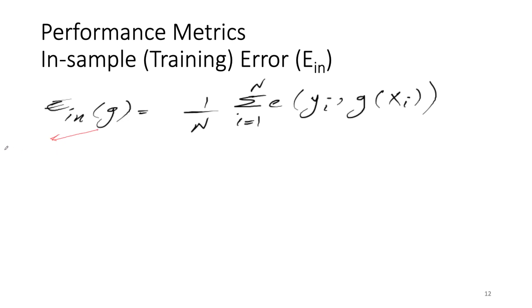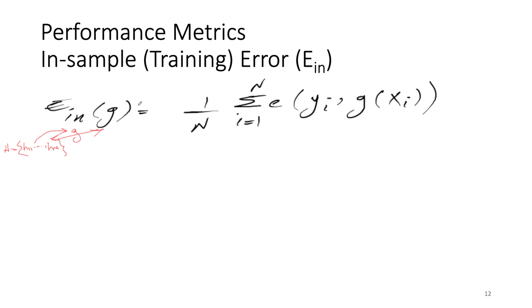This used to be from the set of H, big H, with M hypotheses, and the one we chose became G. One of them became G. So that's the function that helps us to learn with the learning algorithm.